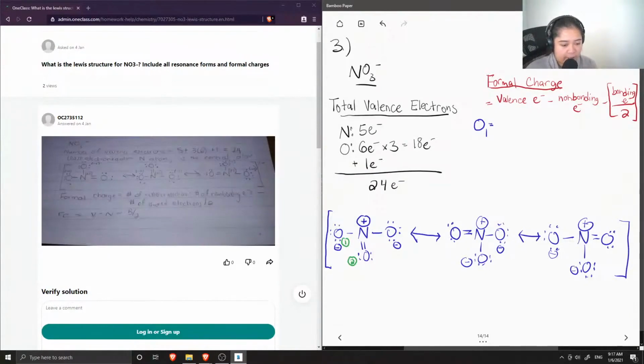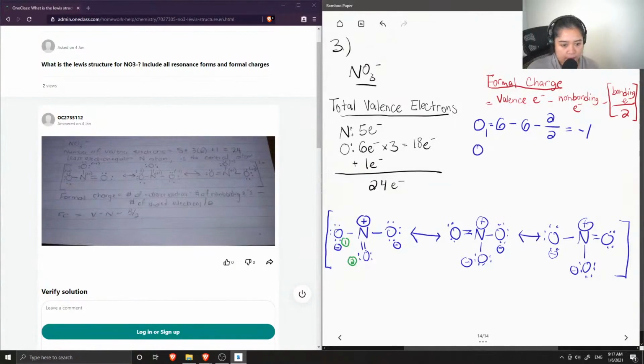We already know that it is -1 because I've drawn it in, but let's say we didn't know. This is how you would calculate it. Oxygen 1 has 6 valence electrons. The non-bonding electrons are the lone pairs, so it has 6 non-bonding electrons, and the electrons participating in the bond is 2, and this number is divided by 2. So that's how oxygen 1 has a -1 charge.